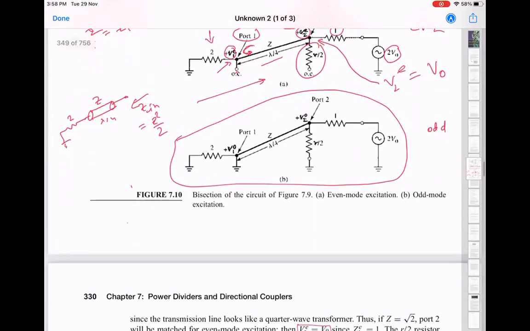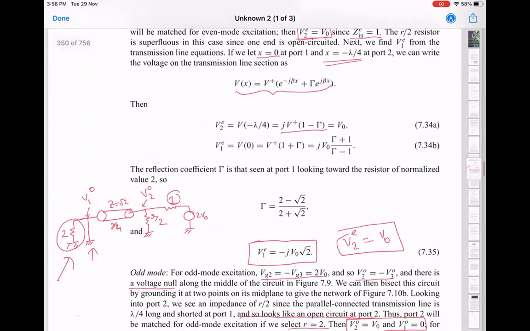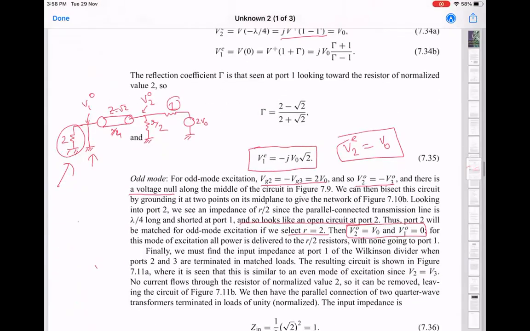Both gave us conditions on the characteristic impedance of the λ/4 transformer and the R/2 resistor. And because it's symmetric, the same thing happens on the other side also, so we don't have to independently look at that.